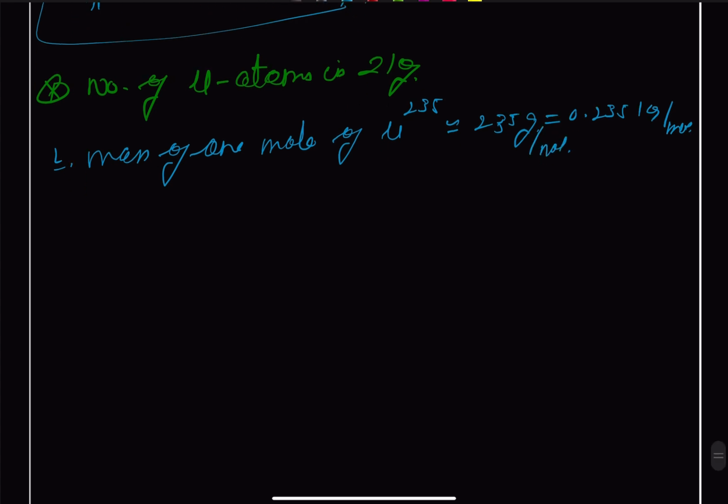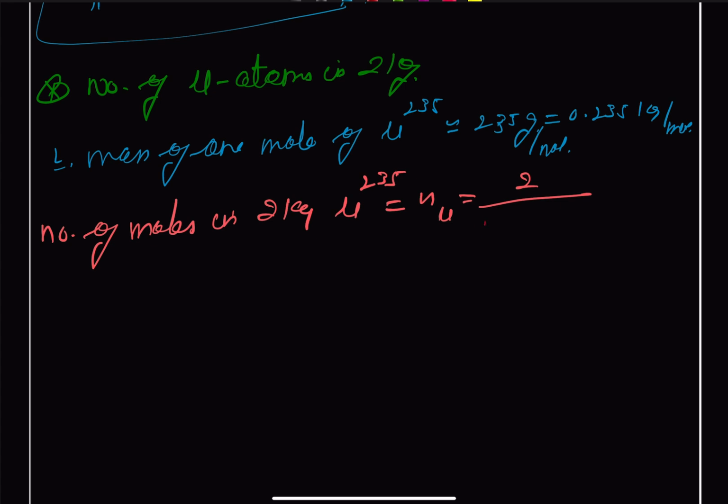And number of moles in 2 kg uranium 235, let us suppose this is N of U, is equal to 2 divided by 0.235, approximately equal to 8.51 moles.